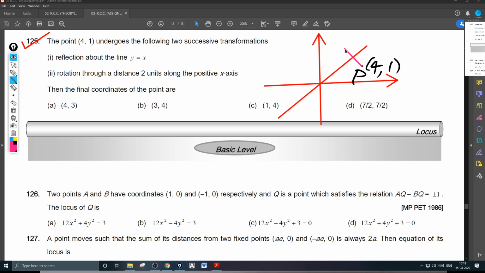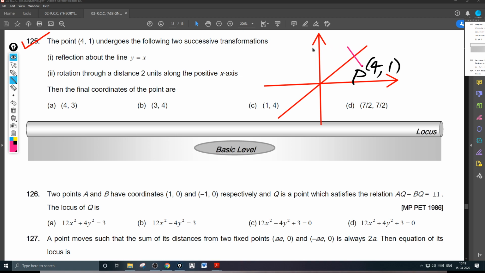Reflection means you have to remember the mirror. When you see your face in the mirror, the distance of your face from the mirror is equal to the distance of the image inside the mirror. That means from the mirror to you and from the mirror to the image, the distances are equal.